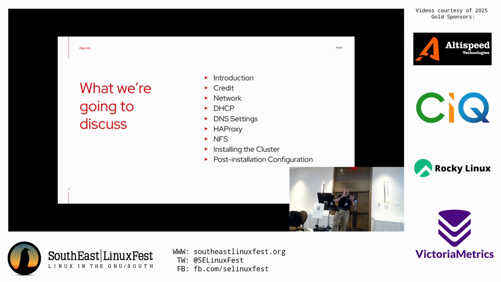So we're going to talk about network configuration, DHCP, setting up DNS, because you really need to have good resolution for your cluster. We're going to talk about how to put an OKD cluster behind an HAProxy environment, and how you can use shared resources or shared storage like NFS in an OKD environment. I'll talk about the actual installation, and then I'll talk about some of the post-installation steps.